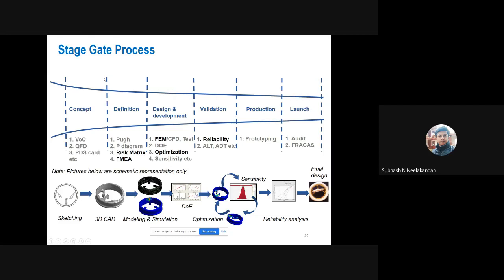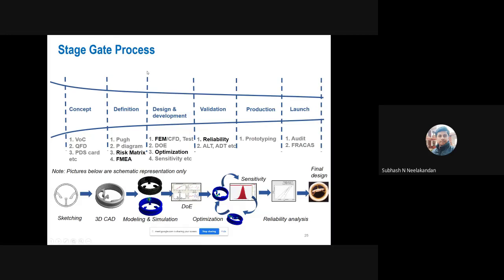Once after review, if gate 1 is qualified, we move to the definition stage. The definition stage involves choosing which concept should be selected from the different concepts. So concept selection and trade-off, and subsequent tools like Hugh metrics, will be coming there. Also, as per the current regulatory requirements, a design risk analysis needs to be carried out, so there are different tools for that, like risk metrics, for performing the activity.